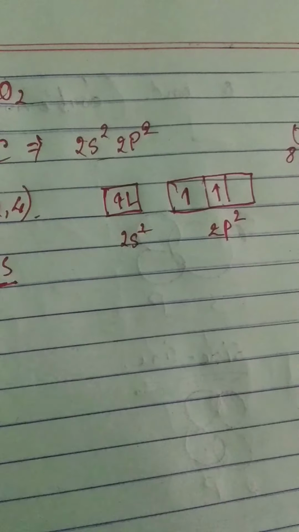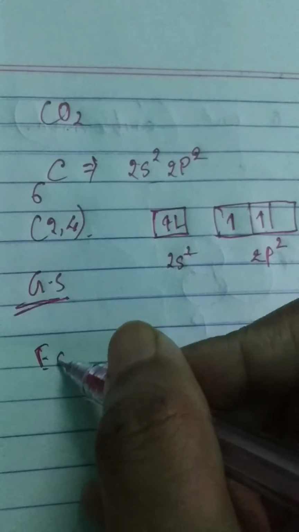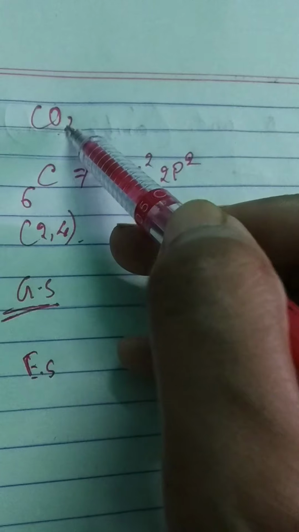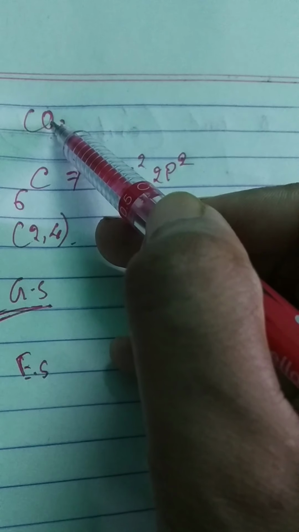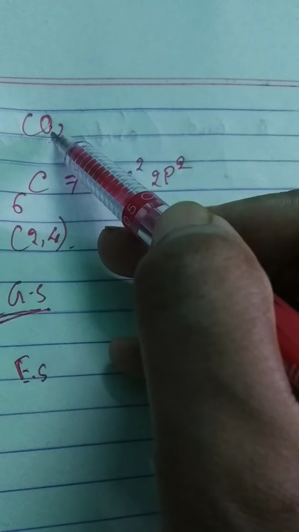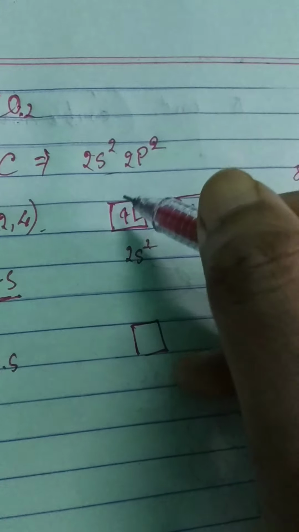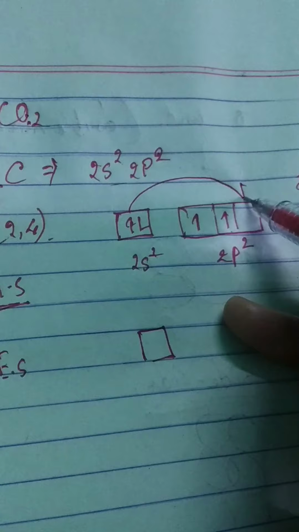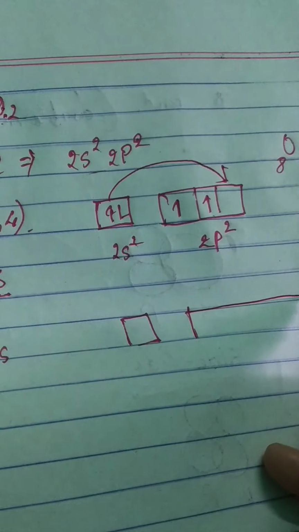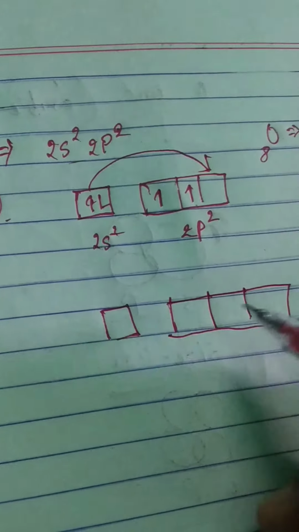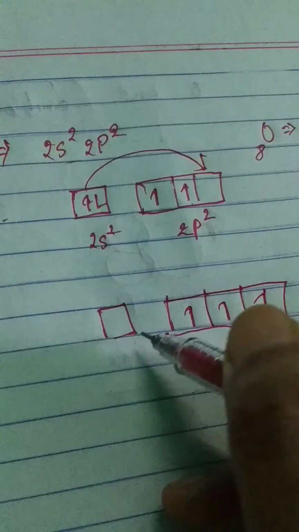So what I'll do, I'll make the excited state. I need total 2 into 2, 4 bonds, because one oxygen will form 2 bonds, so 2 oxygen will form 4 bonds, okay. So I need 4 unpaired electrons. So what will happen, 1 electron will jump in the vacant p orbital. So the final formation of electrons is something like this, okay.